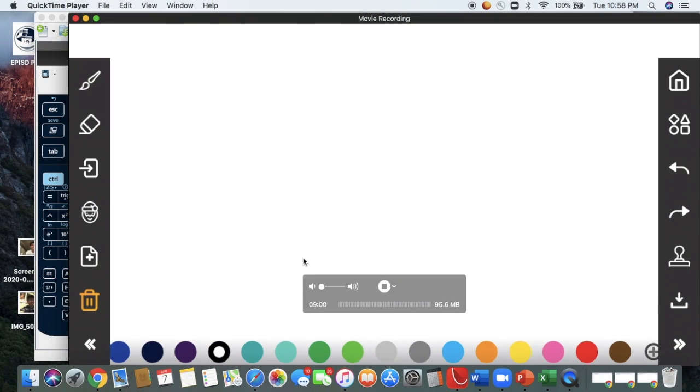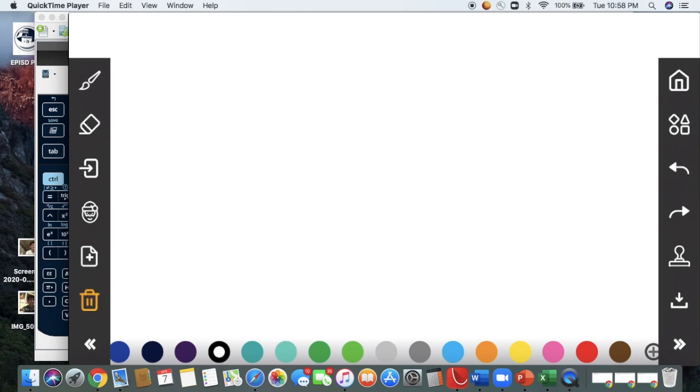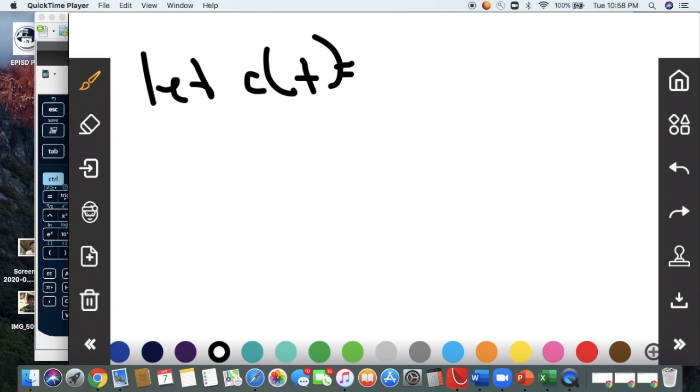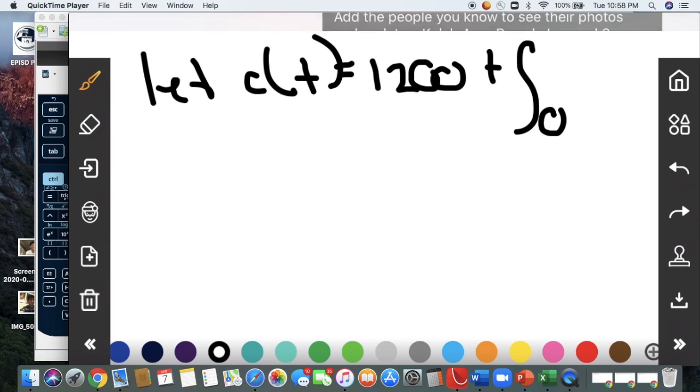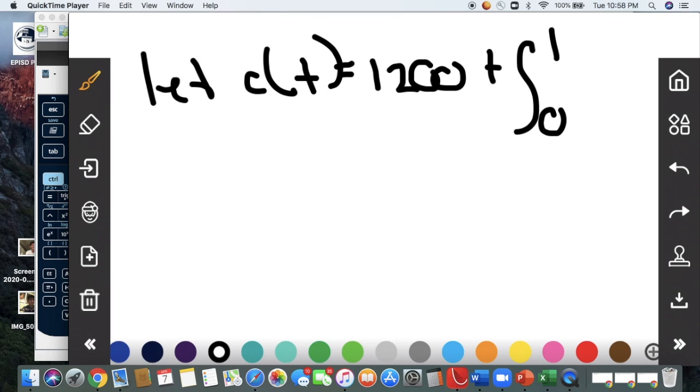Okay, so we'll start by saying that we can make this some arbitrary value. So we'll say let C of t equal 1,200 plus the integral from 0 to whatever t value, right?